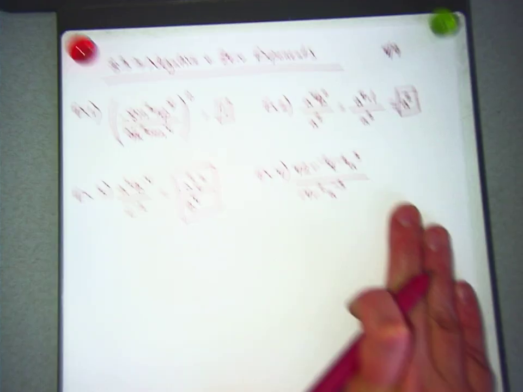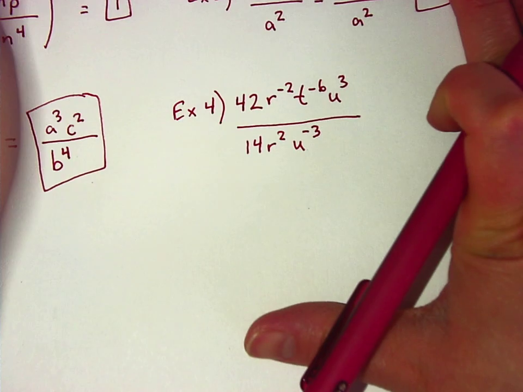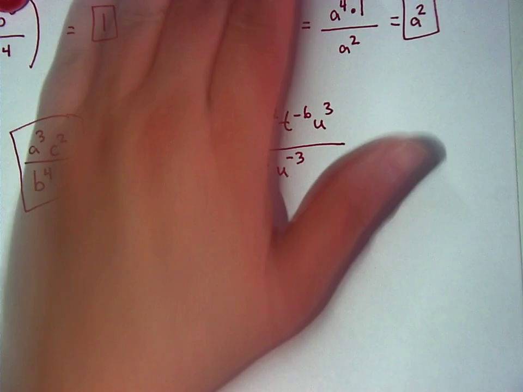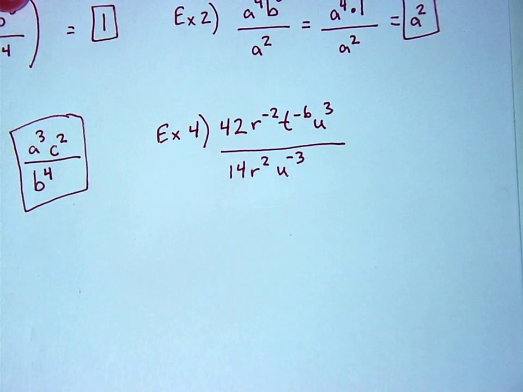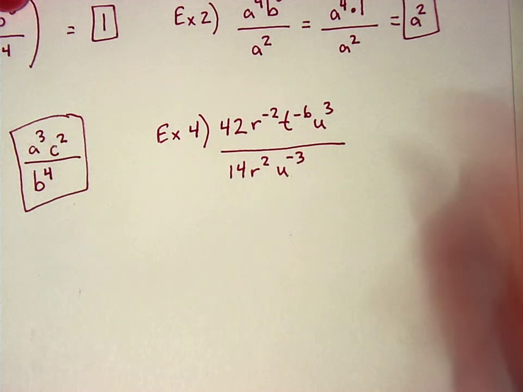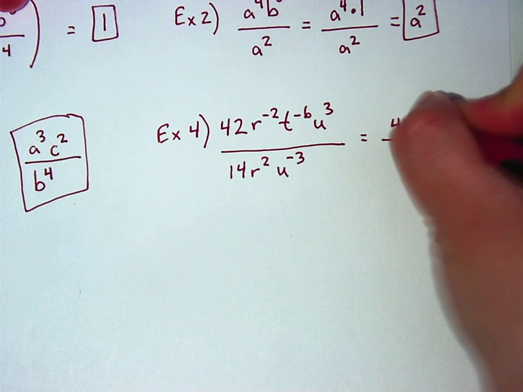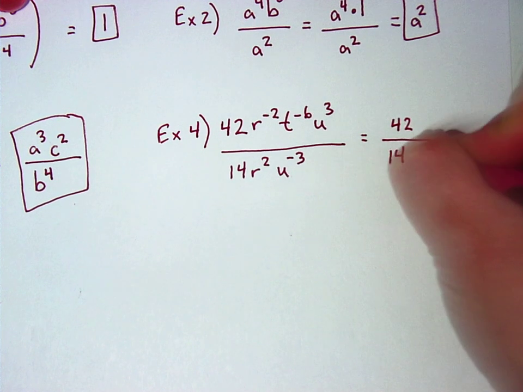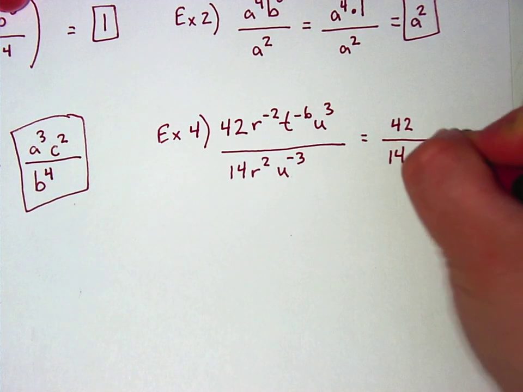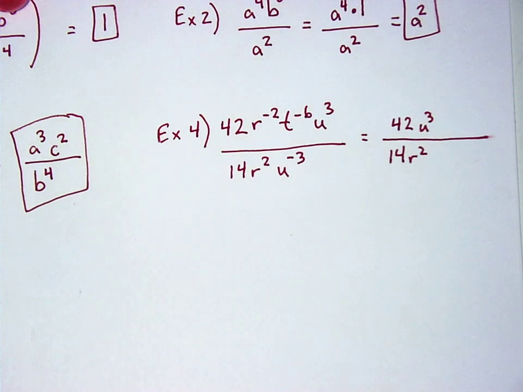All right, we're going to take this one nice and slow. We can do this in lots of different ways. I'd suggest we take care of the negatives first. So let's leave everything that we can leave. 42 stays up here, 14 stays down here, r squared stays down here, u to the 3rd stays on top.